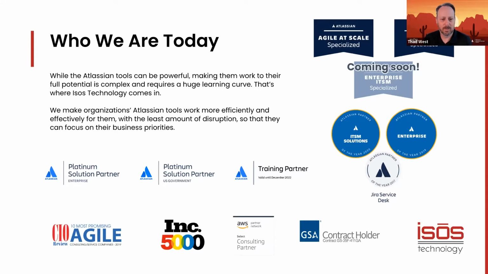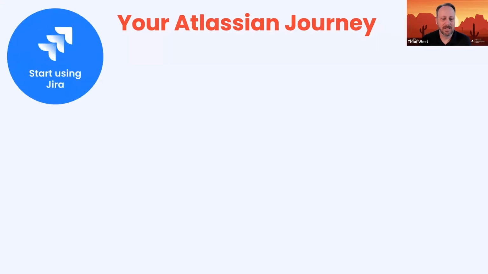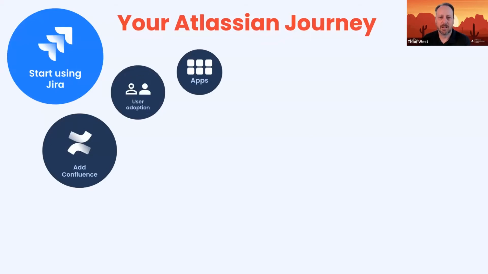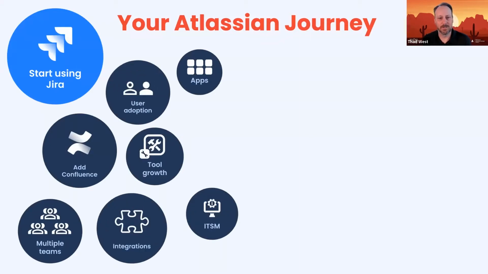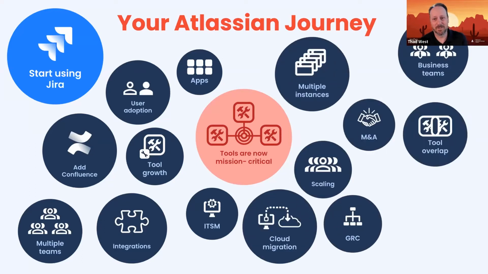We're very proud of that, and we help organizations all across the whole stack of the Atlassian tools. That's our sole focus. Most of our customers come to us through a journey that hopefully sounds a little bit familiar to you. You start using Jira, and before you know it, you start adding more and more pieces along the way. You add Confluence, you get integrations going, and before you know it, you've created a mission critical system. From there, it just gets more complex, and you start having multiple instances. Maybe there's M&A in your organization.